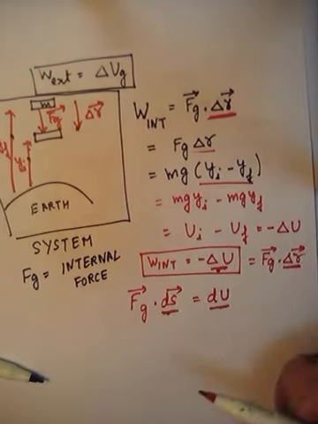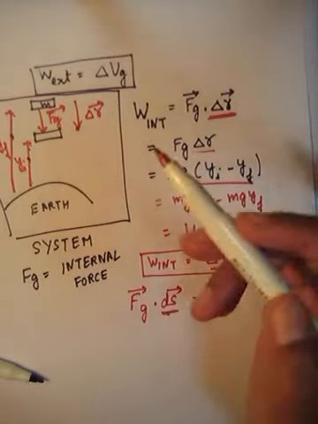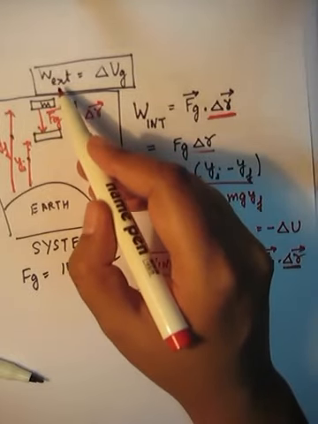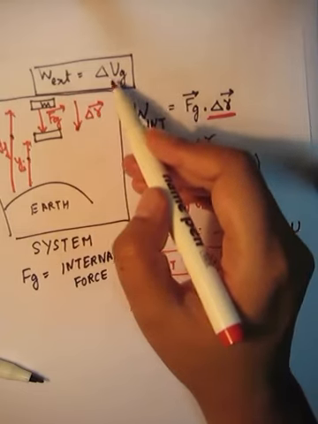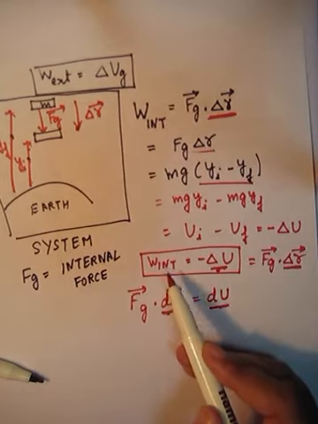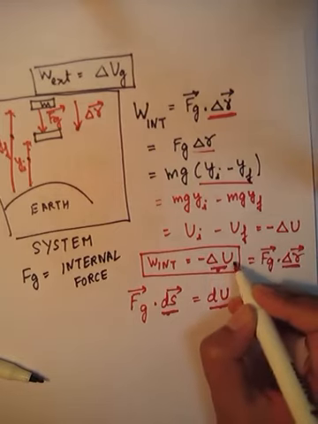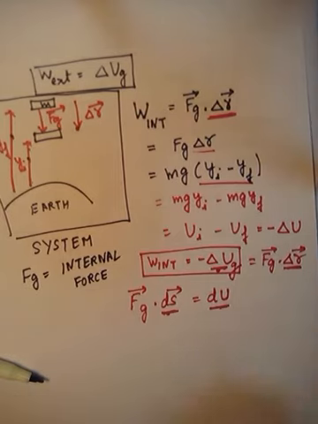So from here what I wanted to explain is that for a force which is a conservative force, the work done by the external force is equal to change in potential energy, and the work done by the internal force is equal to negative of change in the potential energy. Now because we're talking about the gravitational potential energy, I use this symbol.